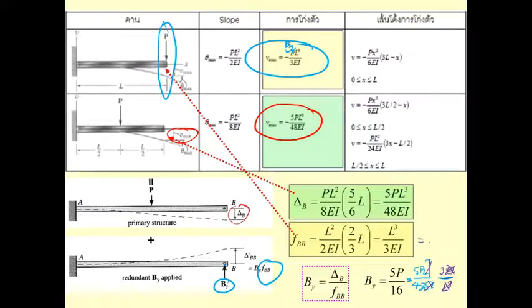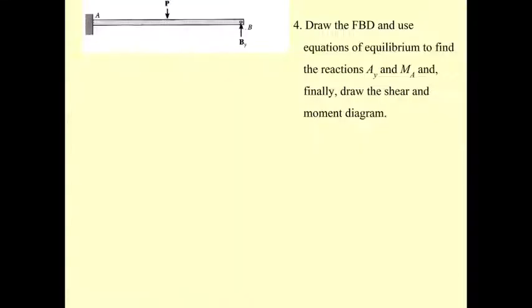So you get 5P, 5 times 3, sorry, 5 times 3 is 15, and divided by 48. Okay, and then you divide them by 3. Actually this one will cancel this one to 16 also, and then you get the result, and it's upward.